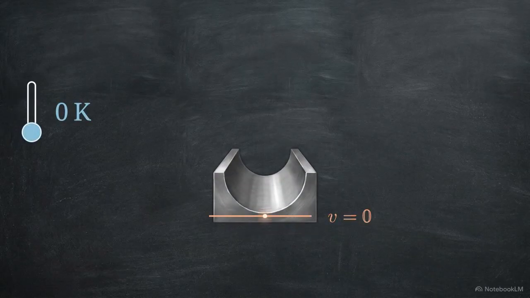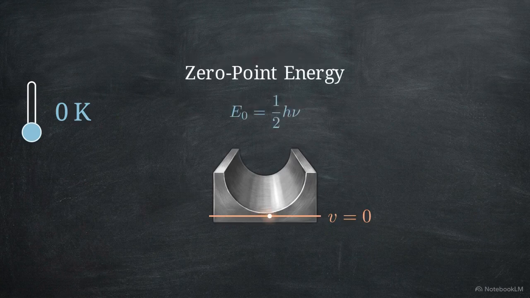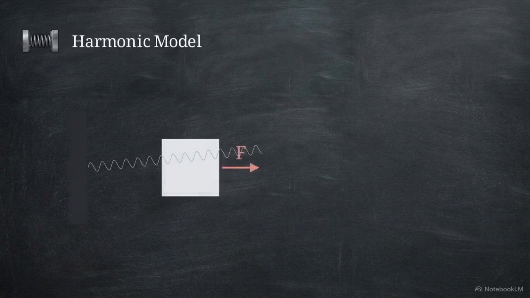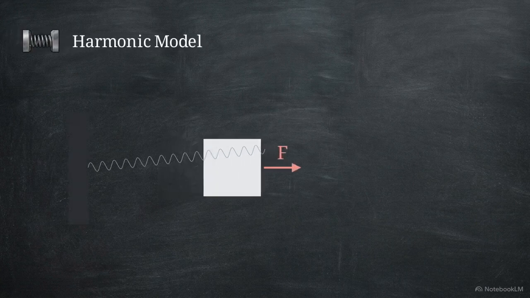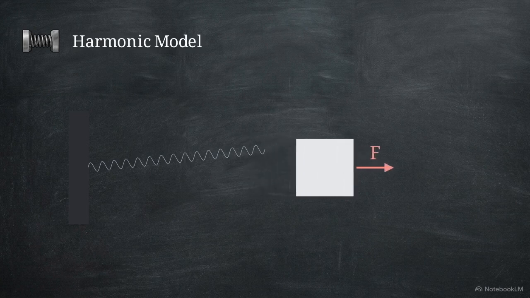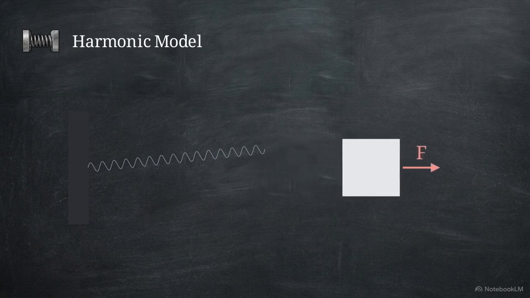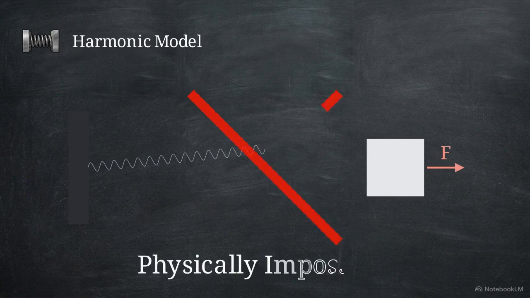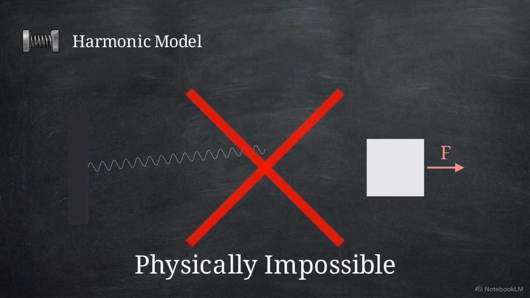Even at absolute zero, the lowest energy state is not completely still. Heisenberg's uncertainty principle forbids classical perfect stillness, meaning a molecule always retains a baseline zero-point energy and continues to vibrate. The harmonic oscillator provides a clean mathematical baseline. However, the parabola extends infinitely upward, implying the spring can stretch forever without breaking, an impossibility in physical chemistry.